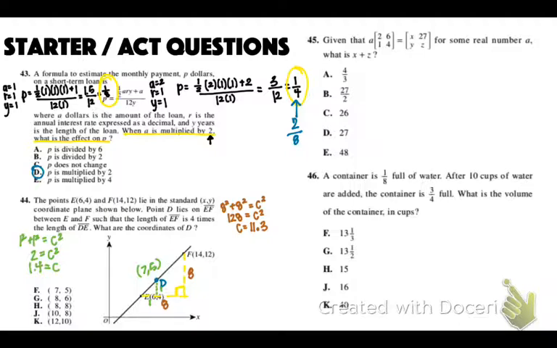So let's try the next one. 8, 6. Now let's say this is 8 comma 6. Well, if that's 8, 6, that means that this is 2, which looks promising because 2 is a fourth of 8. Same thing here.